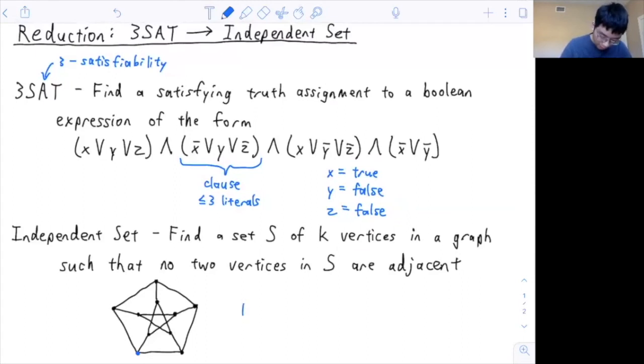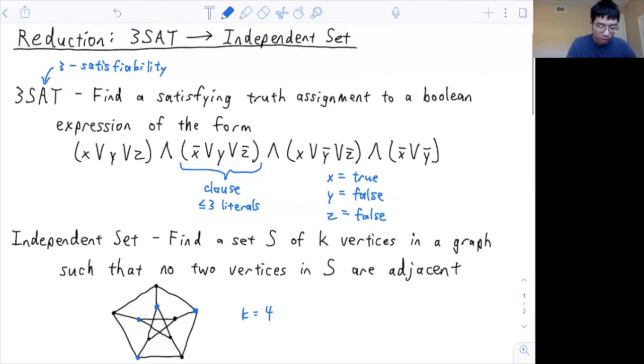And then let's say we were trying to find 4 vertices that are part of an independent set. We can select this vertex, and this one. So you can see we have these 4 vertices, and none of them share an edge where both of them are endpoints. So that's the independent set problem.